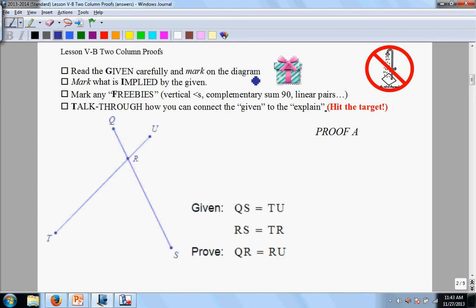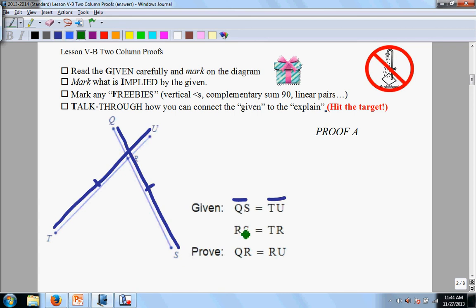Step 1, we're going to read the given and mark it on the diagram. And we see we have segment QS, which is this whole segment, is equal to segment TU, which is this whole segment. We'll put hatch marks there.